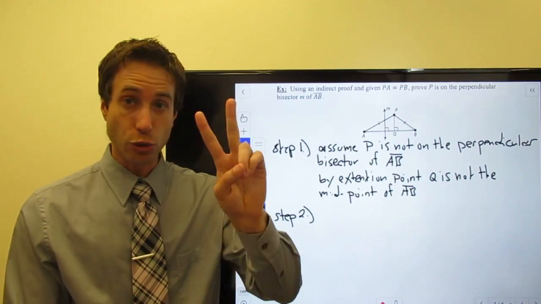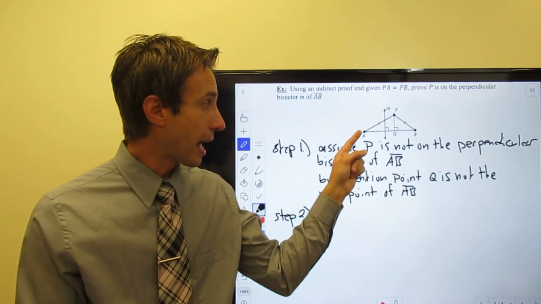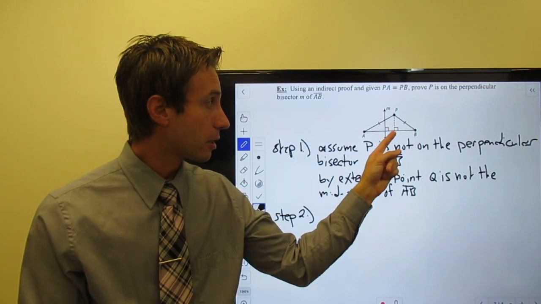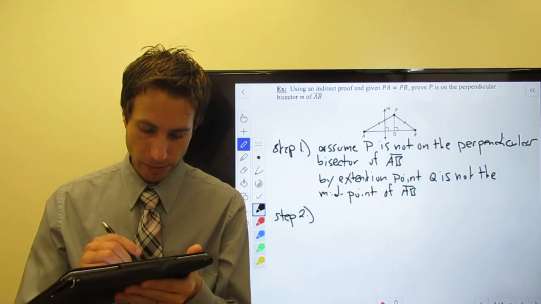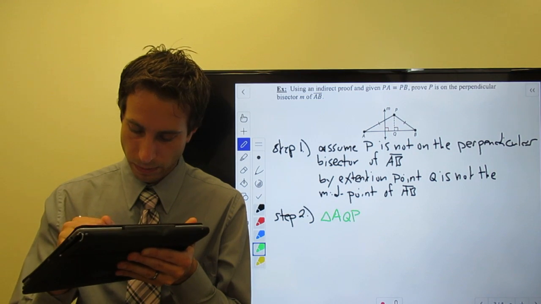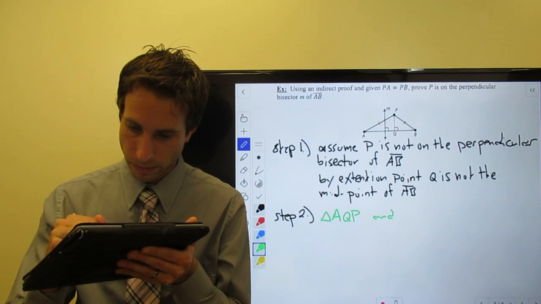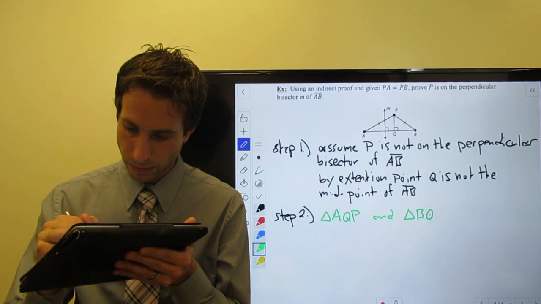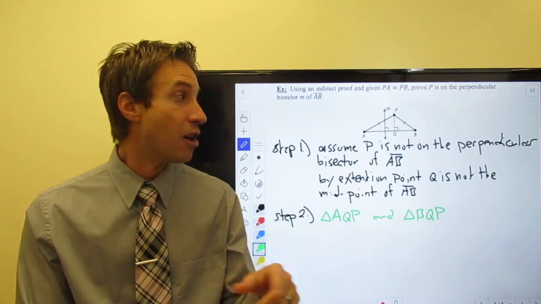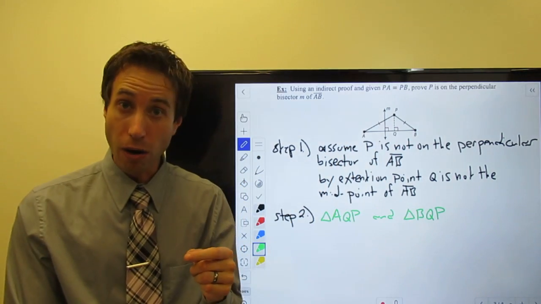I've got two triangles. I've got this triangle, AQP, and I've got this triangle, BQP. Now, I can write a Pythagorean theorem for all of those triangles.